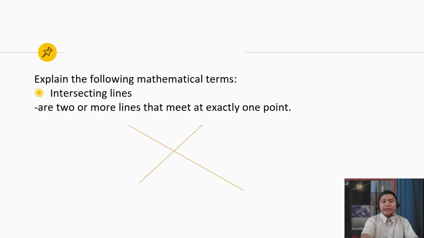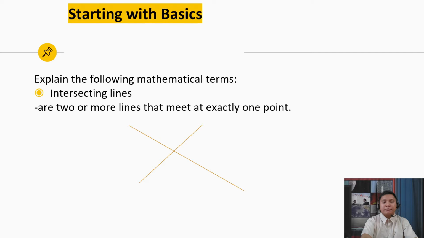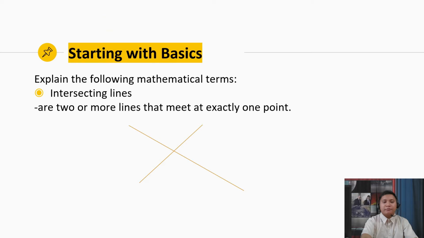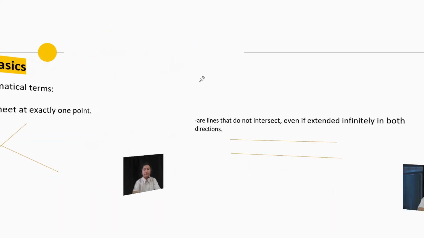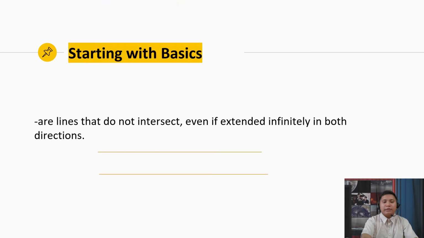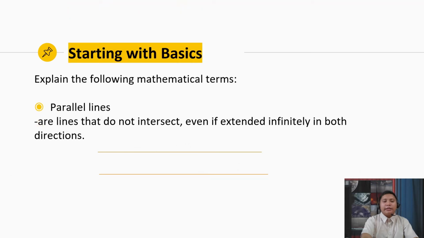The intersecting lines are two or more lines that meet at exactly one point, as shown in the illustration. Another is the parallel lines. These are lines that do not intersect, even if they extended infinitely in both directions.